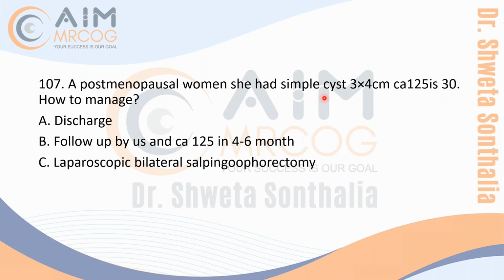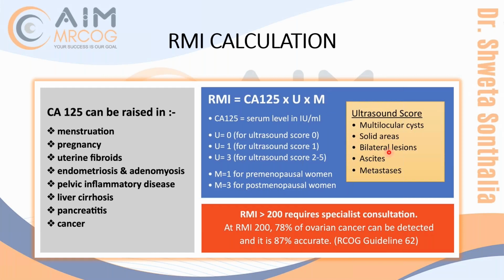What should you give for the ultrasound score? For ultrasound, a simple cyst doesn't get a score, and they have not mentioned any solid area, bilateral lesions, ascites or metastasis, nothing. In such a situation the ultrasound score is 0. So CA125 is 30, ultrasound score is 0, and postmenopausal gets a score of 3.